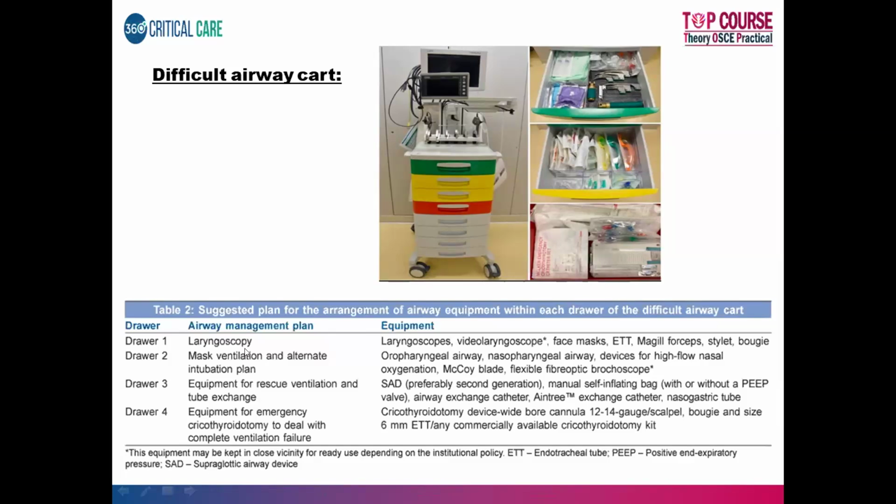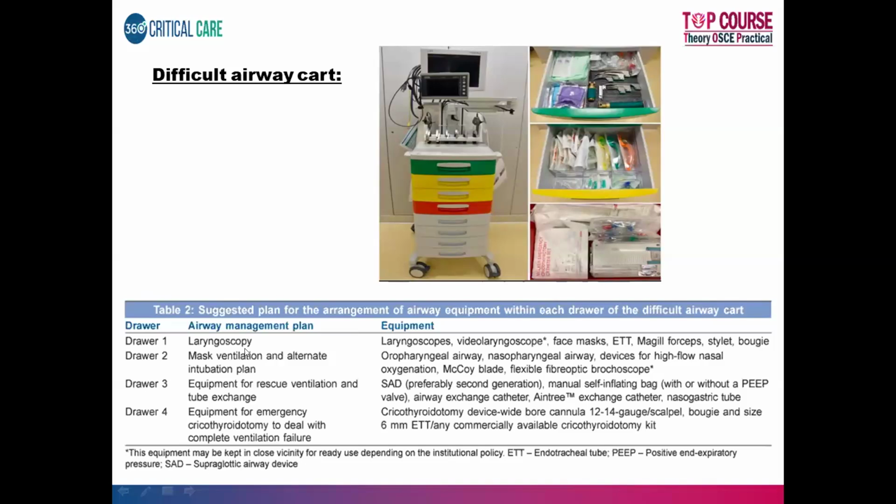In drawer 2, you keep those things which are required for mask ventilation and alternate intubation plan, like oropharyngeal airway, nasopharyngeal airway, devices for high flow nasal oxygenation, McCoy blade, flexible fiberoptic bronchoscope. Drawer 3, equipment for rescue ventilation and tube exchange: the supraglottic airways, preferably 2nd generation, your AMBU, airway exchange catheters and an NG tube.